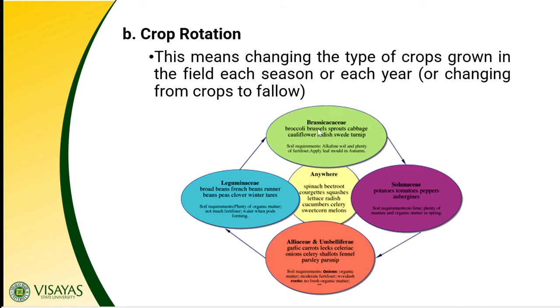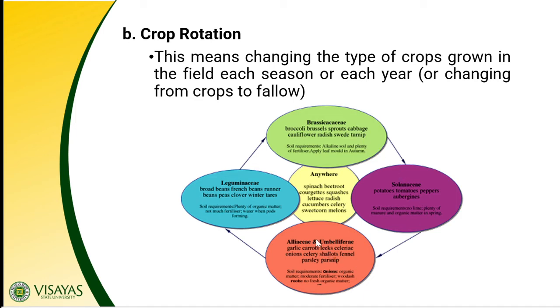And anywhere along the succession of crops, we can also plant these other vegetables: the spinach, the beetroot, courgettes, squash, lettuce, radish, cucumber, celery, sweet corn, and melon. So you can see that different groups of vegetables are planted, one group after another.